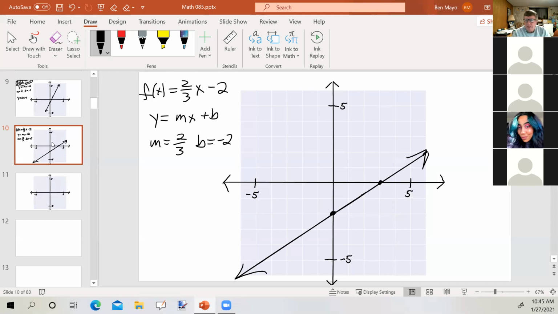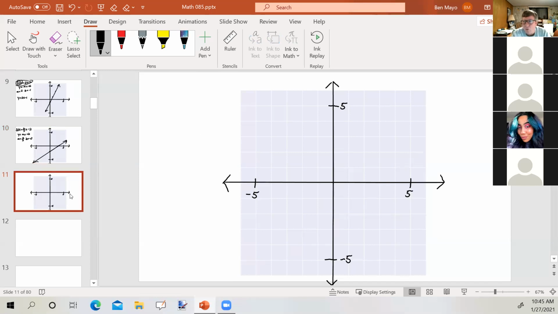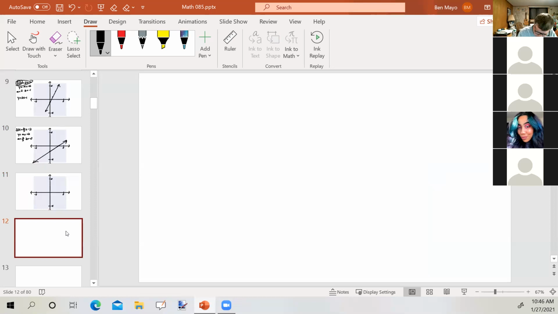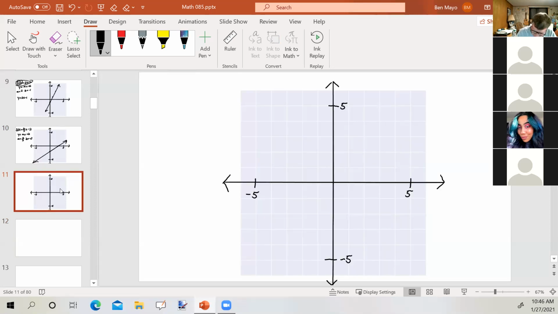Now, in WebAssign, let me just walk you through it here. Remember how we graphed inequalities back before the first test? We did it by graphing lines, and we're going to do the same thing. You're going to have a grid, and over here a bunch of buttons.